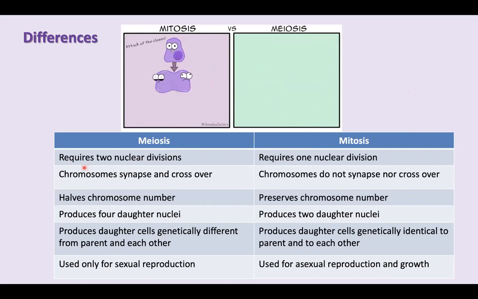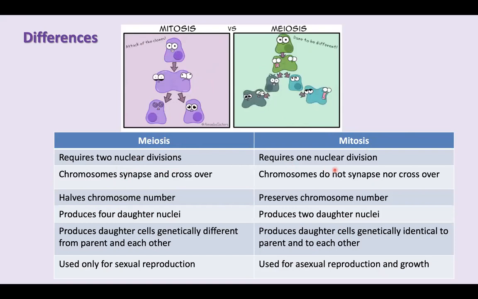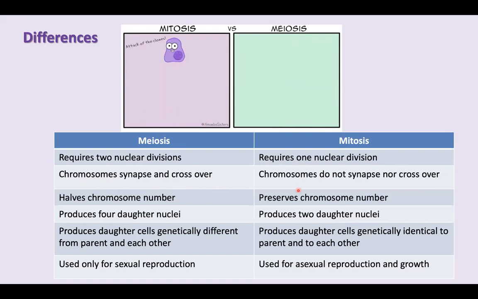Meiosis requires 2 nuclear divisions, meiosis 1 and meiosis 2. Mitosis only has 1. It doesn't have mitosis 1 or mitosis 2. Chromosome synapsis and crossing over occur in meiosis, while they don't in mitosis. Meiosis halves the chromosome number, while mitosis preserves it.